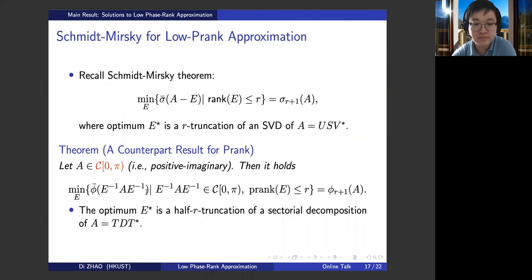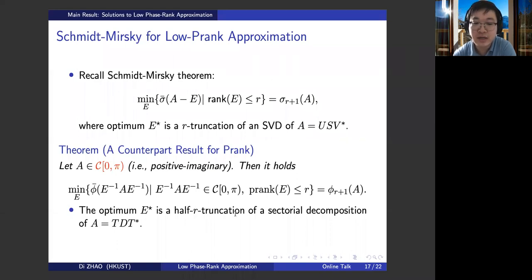The minimum of the approximation error is just the (R plus 1)-th phase of matrix A. And the optimum is attained at E star, which is a half R truncation of the sectorial decomposition, A equals T D T star.